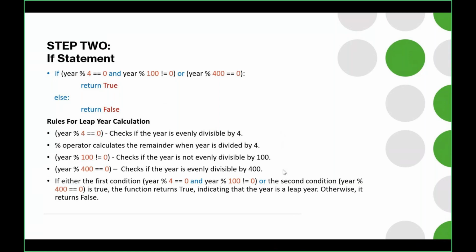Maybe a few years which are divisible by 4 are not leap years also. Could you give me an example? Because I think every 4 years is a leap year. Could you give me an example of a year that is divisible by 4 but still not a leap year?